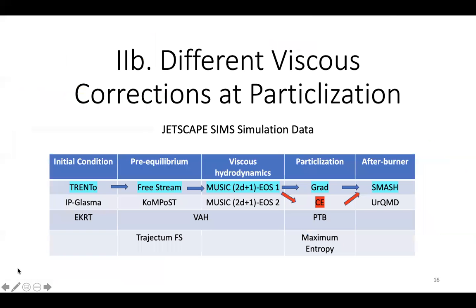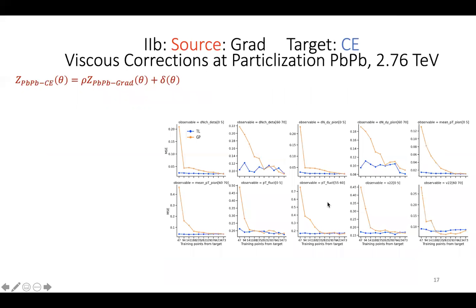Right, this brings me to the last example that I have here. Again, we are going to look at two different models that we have for relativistic heavy ion collisions. One with the Grad viscous correction as the particlization, and the other one with the Chapman-Enskog viscous corrections as the particlization. Again, we are going to build emulators for these 10 different observables in two methods, the transfer learning emulation and the Gaussian process emulation.